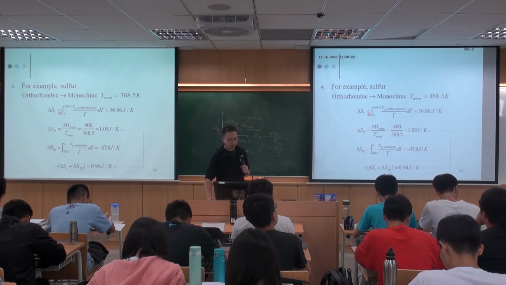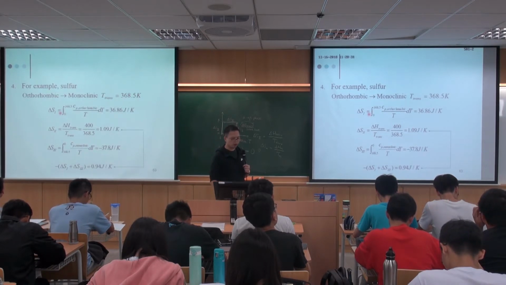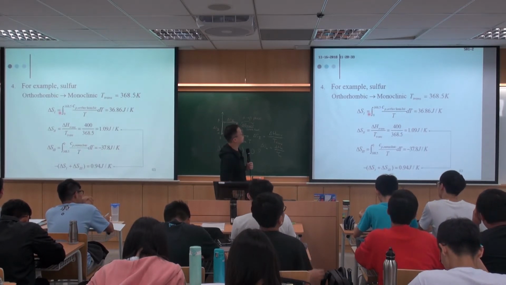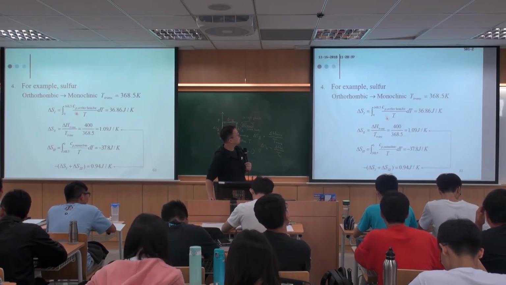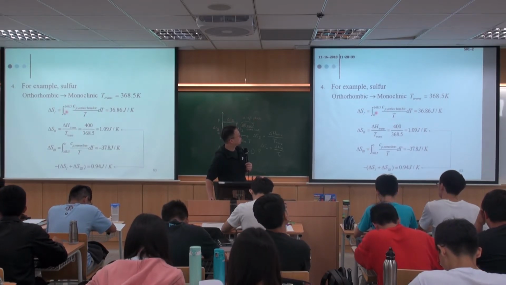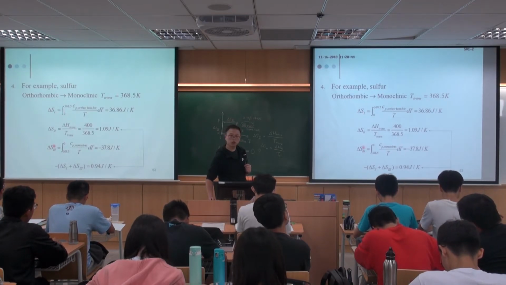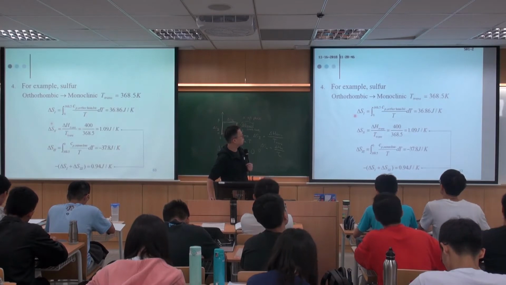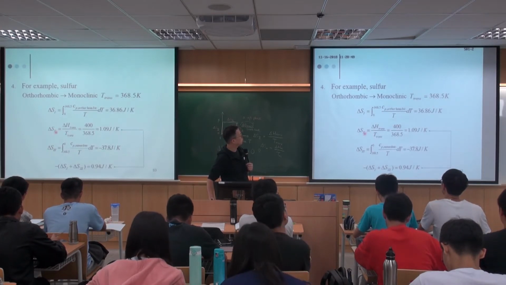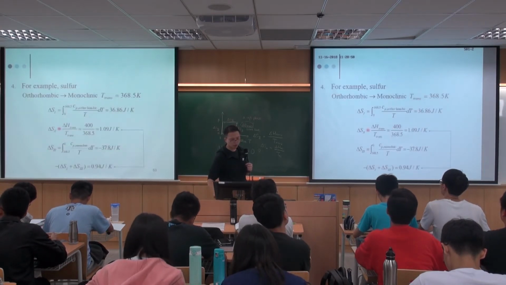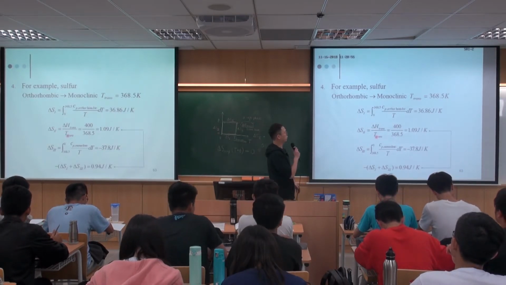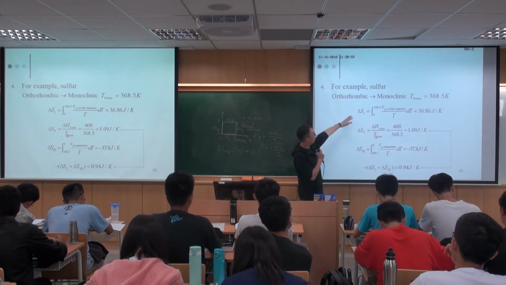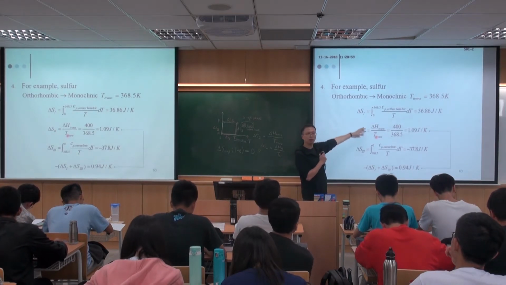If you put in the Cp as a function of temperature that is given by the problem into this equation, you can calculate delta S1 and delta S3 for the two different phases. And you can also calculate delta S2 based on the delta H transformation and the transition temperature that the problem gives you. So it turns out that if you add these together, this value is close to 0.